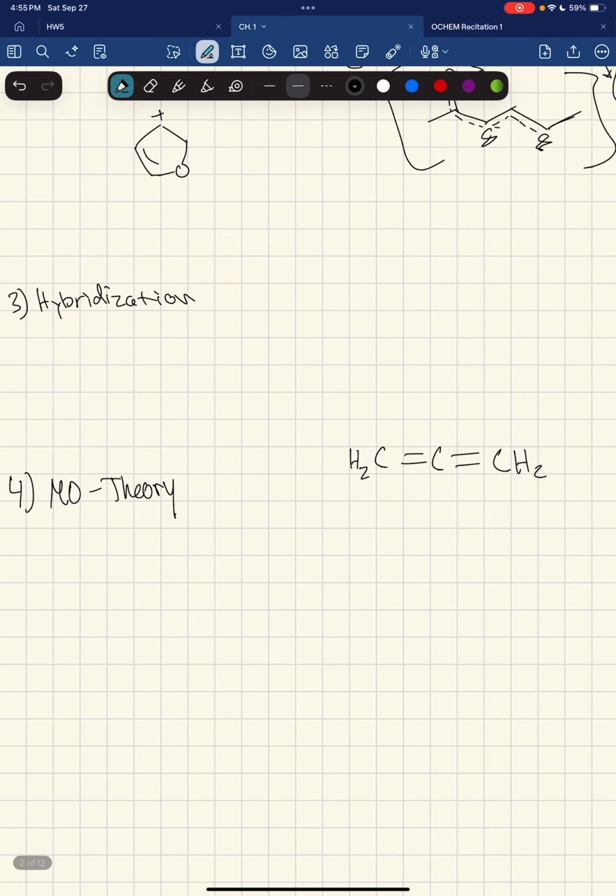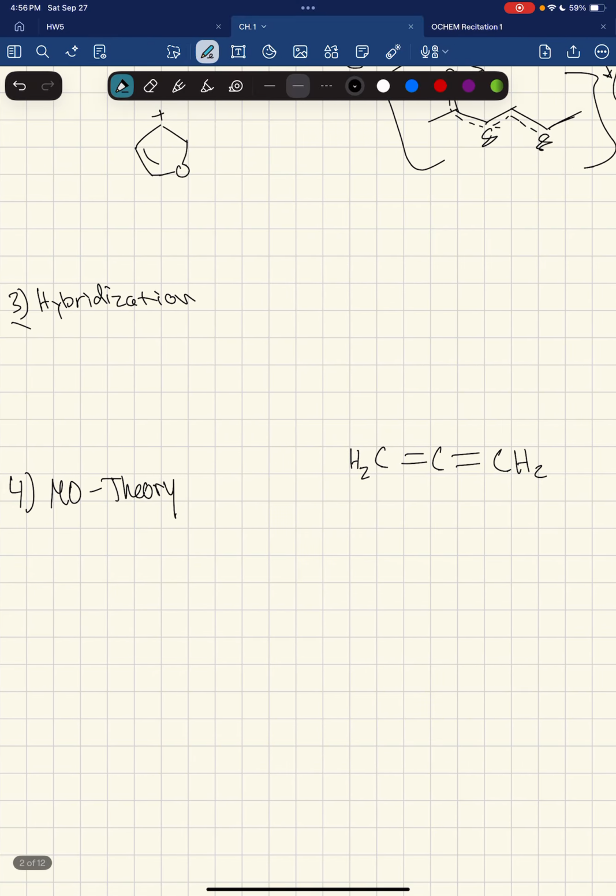All right, hybridization. What is the shape of sp3, sp2, and sp hybridized atoms? Be able to draw 3D representations of carbons with different hybridizations, sp3, sp2, etc., and assign hybridization in molecules.